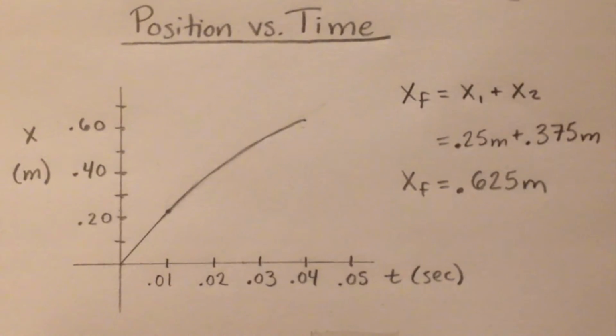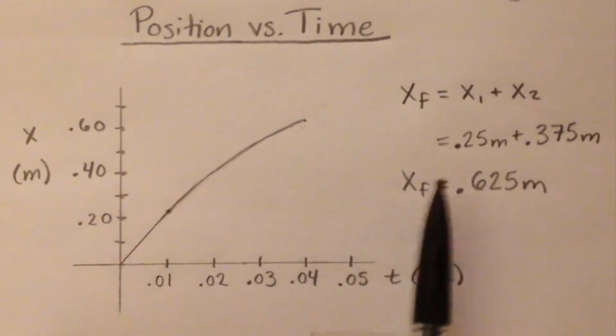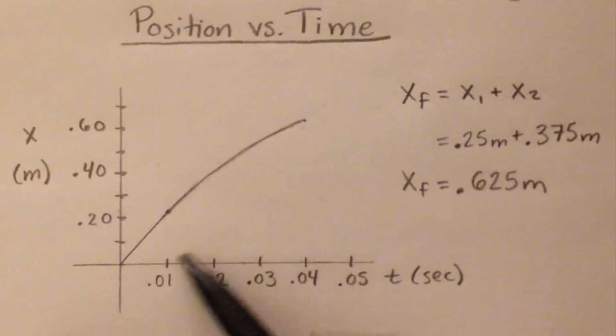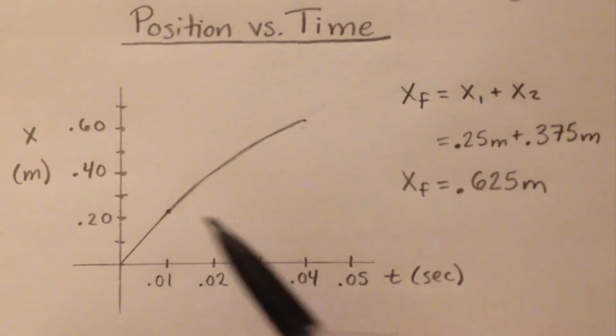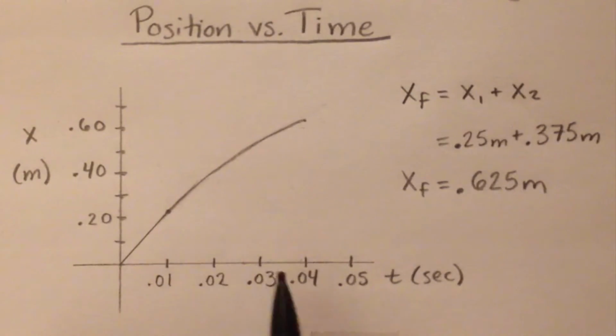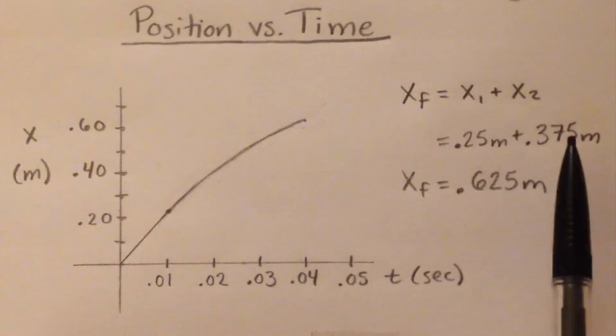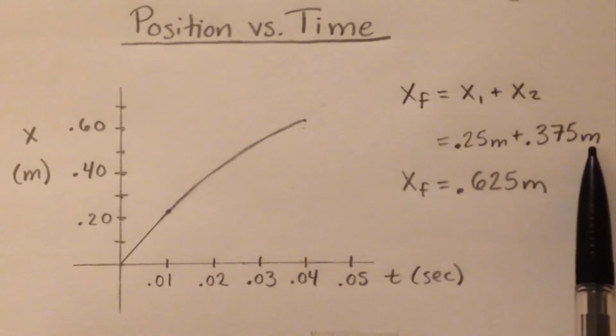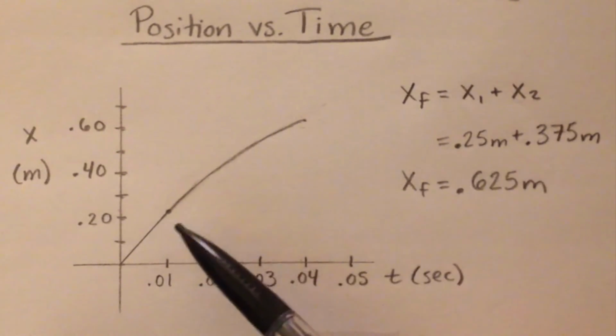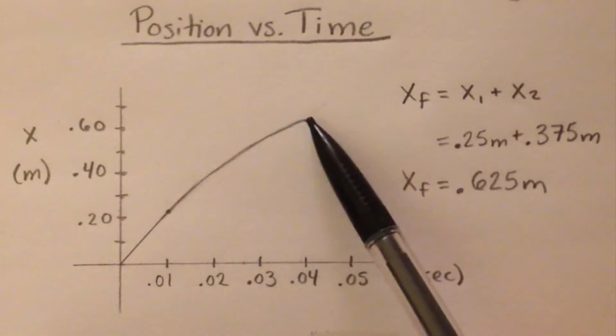At this point, we have enough information to draw the position versus time graph for airbag 2. In the time between 0 and 0.01 seconds, the dummy travels 0.25 meters and does so linearly. Between 0.01 seconds and 0.04 seconds, the dummy travels 0.375 meters and the position changes quadratically.